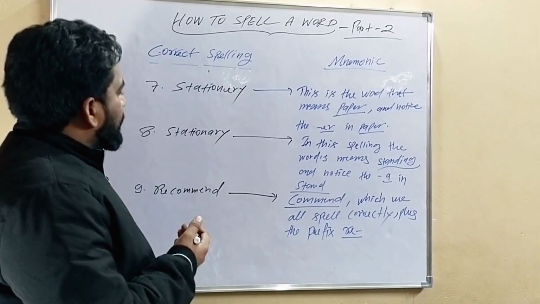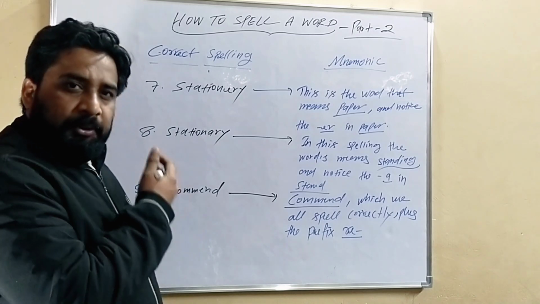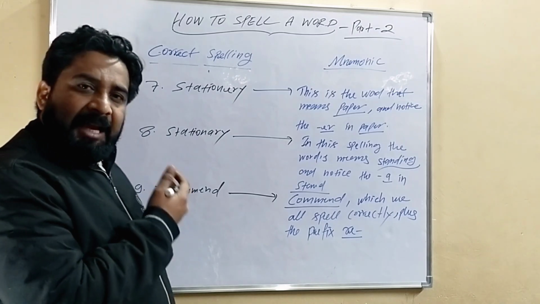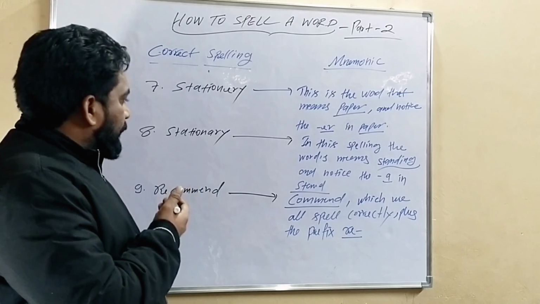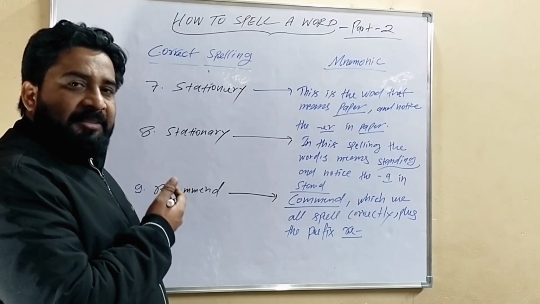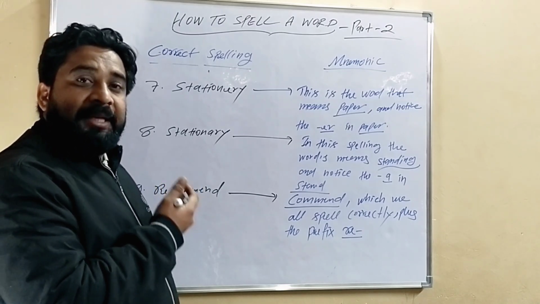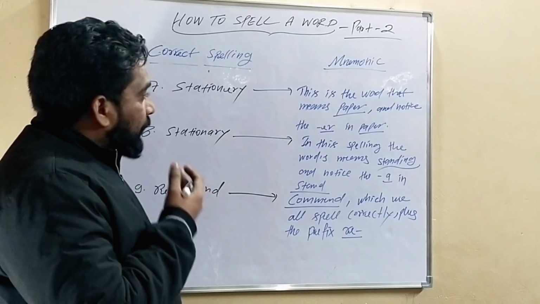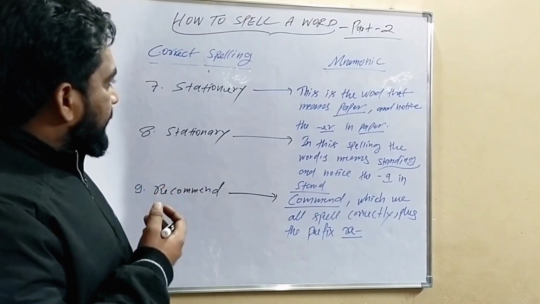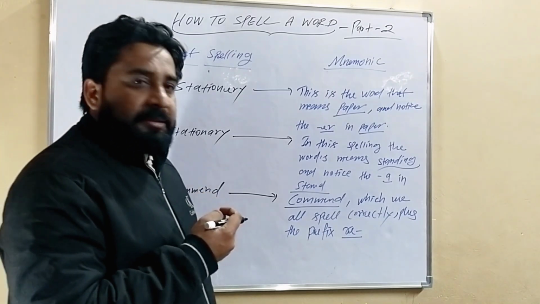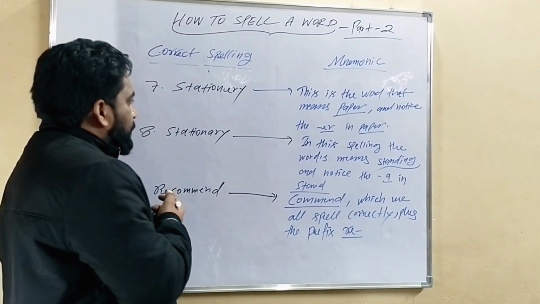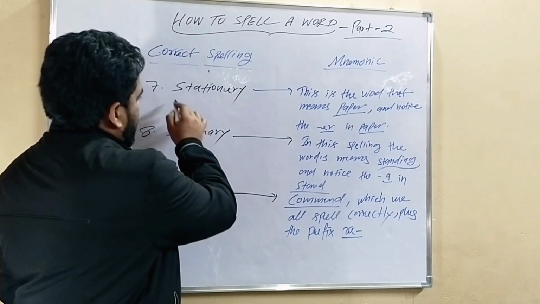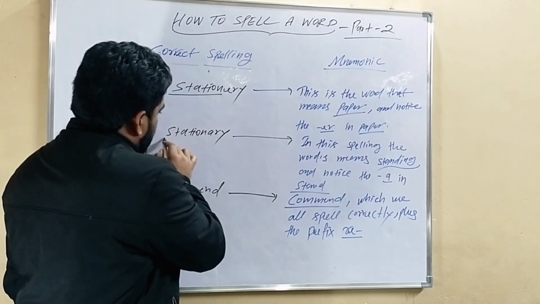So the next word is stationery. So we know the spelling, STATIONERY, and after that we have again a word, stationary, STATIONARY. So what is the actual difference? If we analyze the word to recall the spelling, we can say station is common in both.